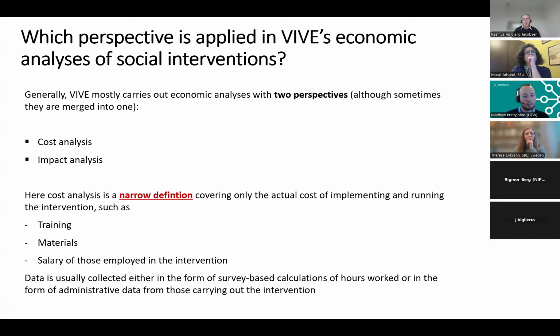The impact analysis, which I haven't written anything about here, is what we see as the impact of the intervention, which is mainly what happens after or during the intervention.